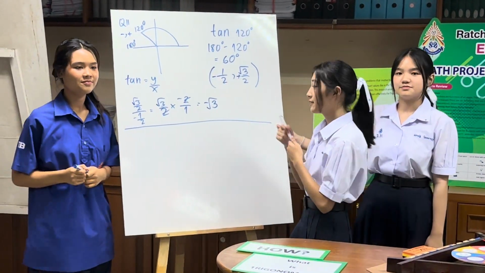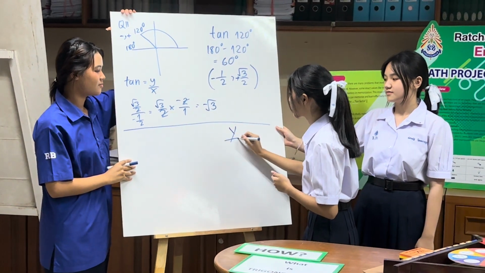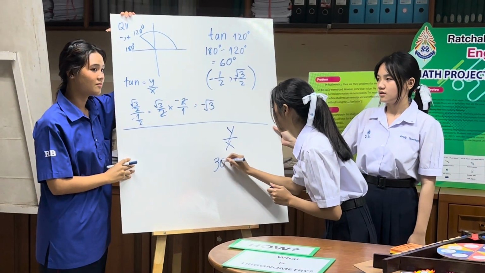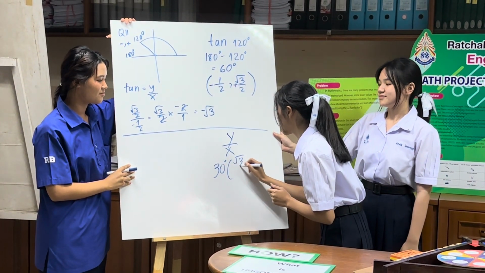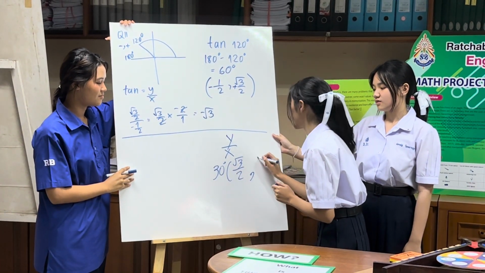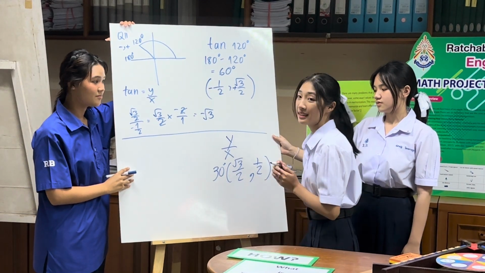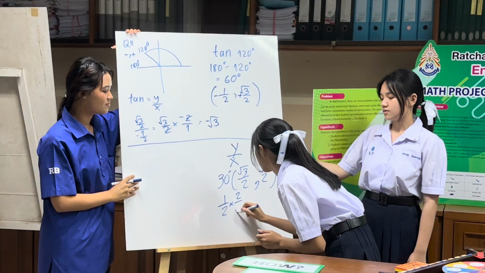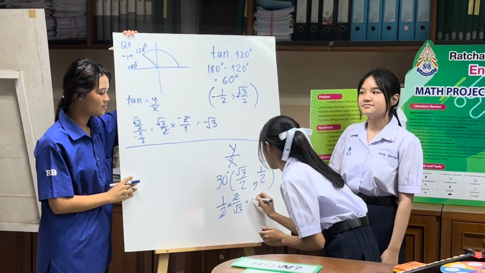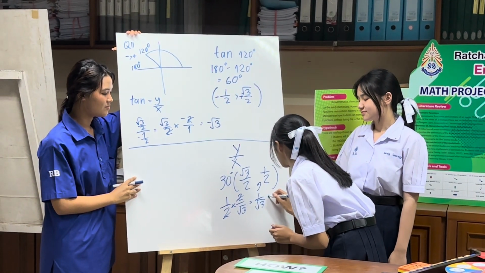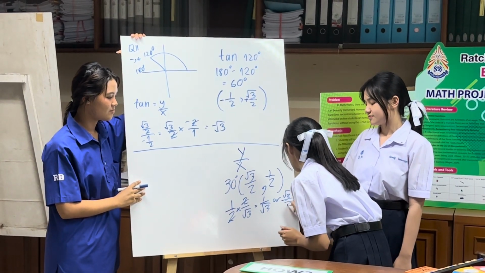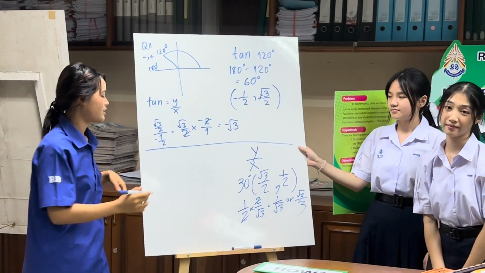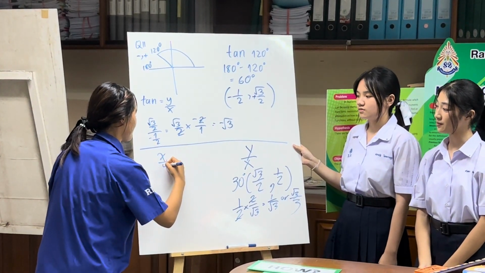The formula of tan is y over x. And the coordinates of 30 are square root 3 over 2 and 1 over 2. Let's solve. And this is the answer. And the formula for cot is x over y.